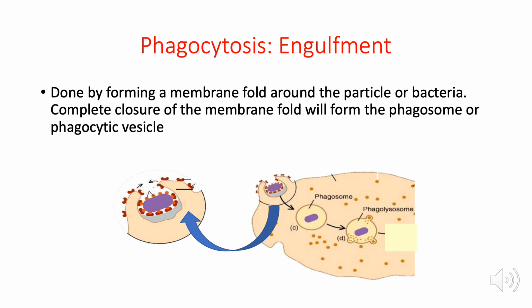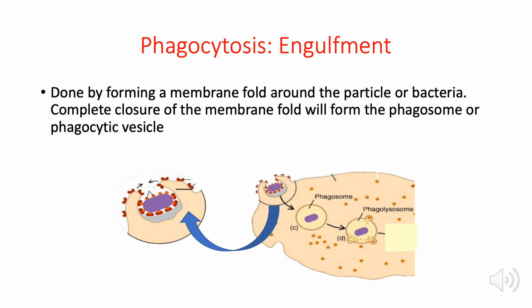And this structure will later close and form a vesicle. So I want you to take a look at the photo. Can you appreciate that there's a membrane fold trying to surround the bacterium, and that fold will later fuse together, and the fusion will cause the formation of the vesicle, the one shown in the letter C part of the picture. And that vesicle will now be called a phagosome.